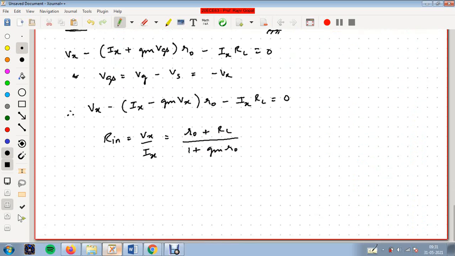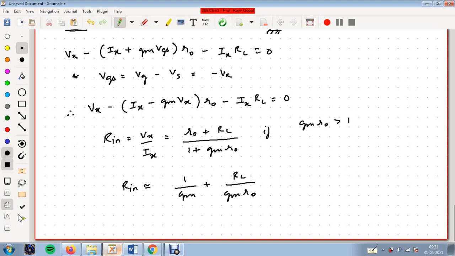In this case, if Gm R0 is greater than 1, then Rin will be 1 by Gm plus RL by Gm R0.